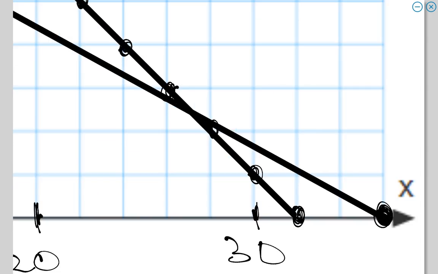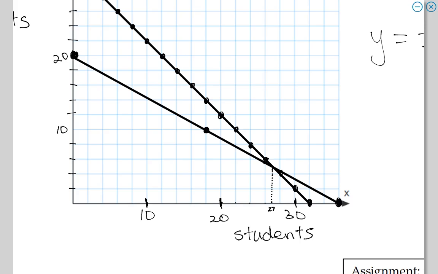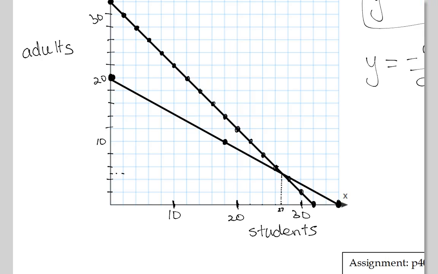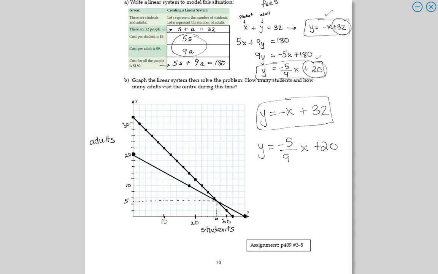What do you think that point is, right where it crosses? I'm thinking it's halfway. 22, 24, 26. I'm thinking this is 27. And then halfway here. 2, 4, 5. I think it's 27 students, 5 adults.